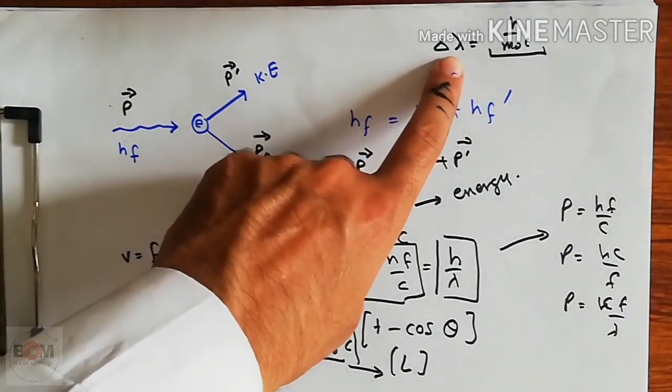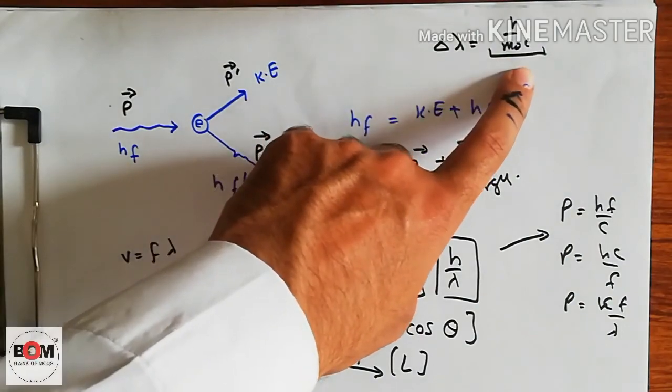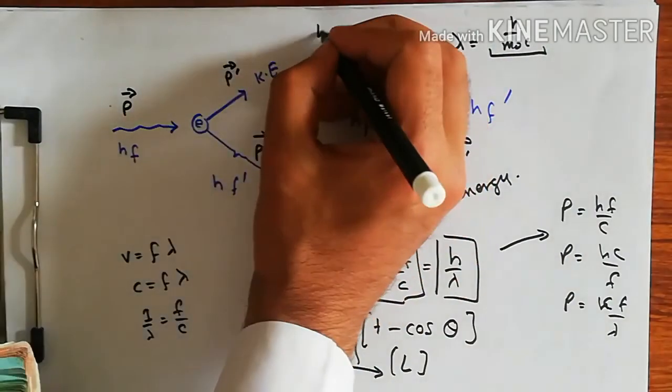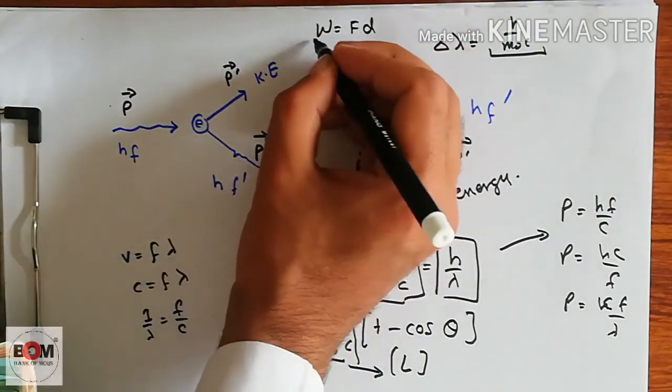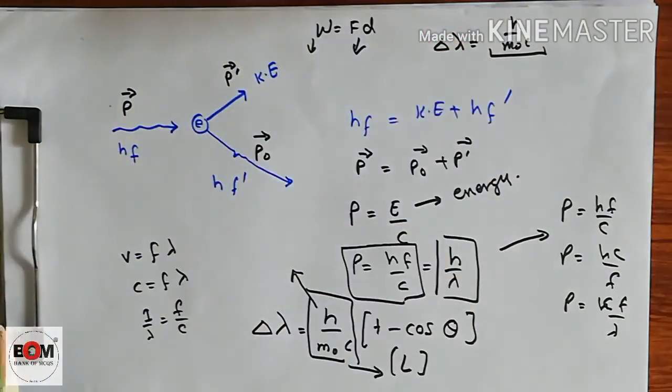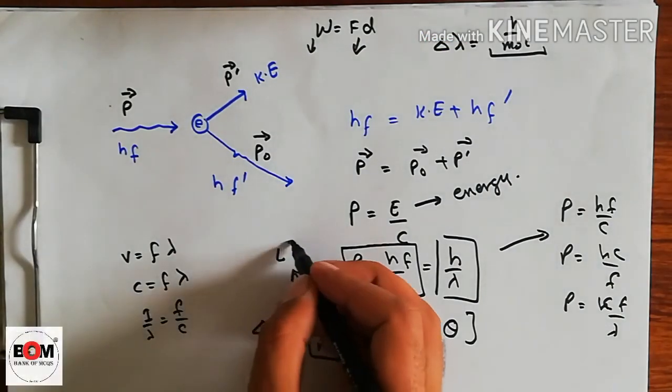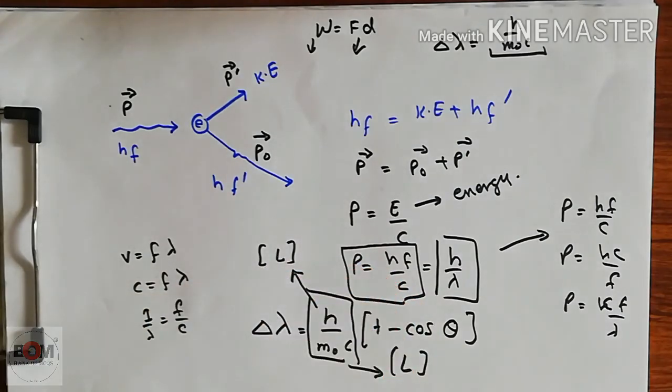The wavelength dimension is meter, so the dimension will always be meter. Like W is equal to F times d, the dimension of work is the dimension of F times d, because both are equal. So h divided by m naught C has the dimension of length, and its value is 0.00243 nanometer. This is the most important point.